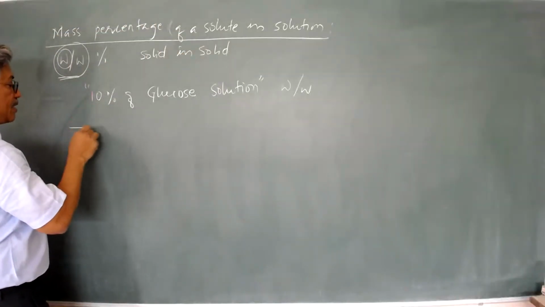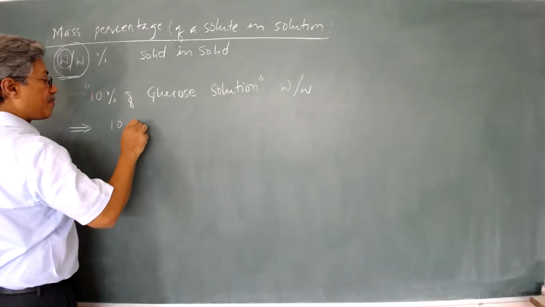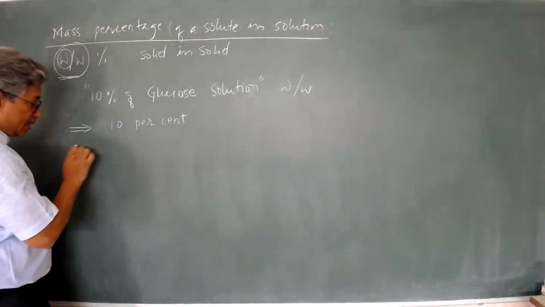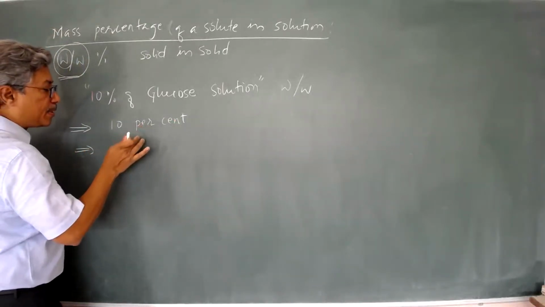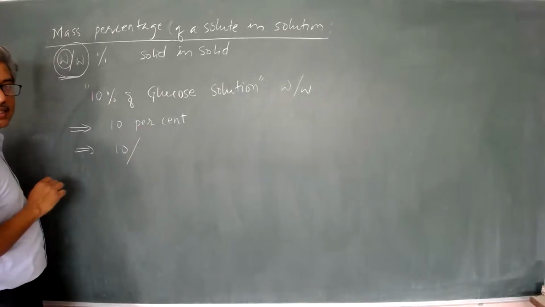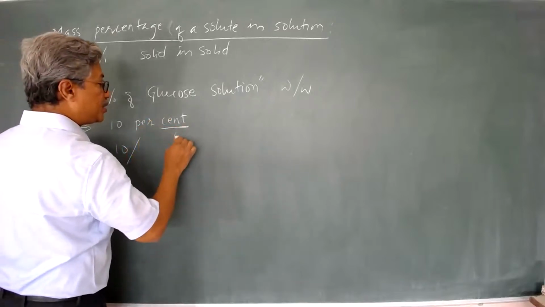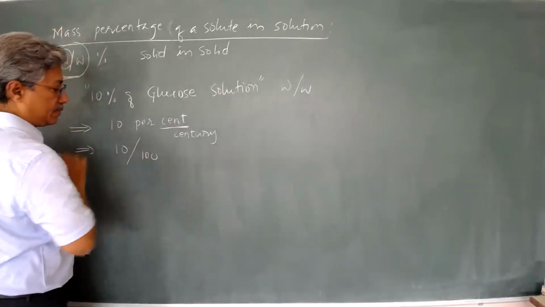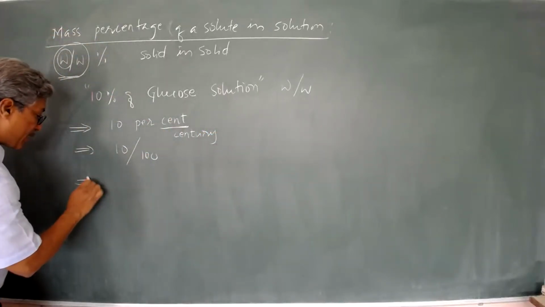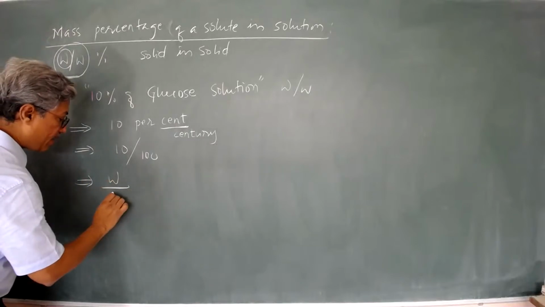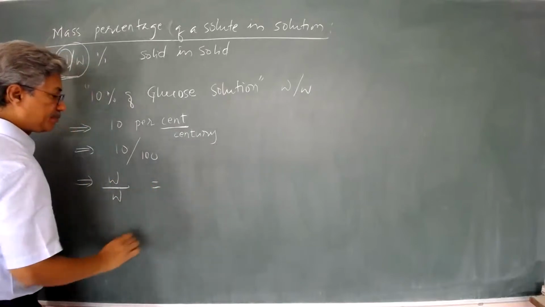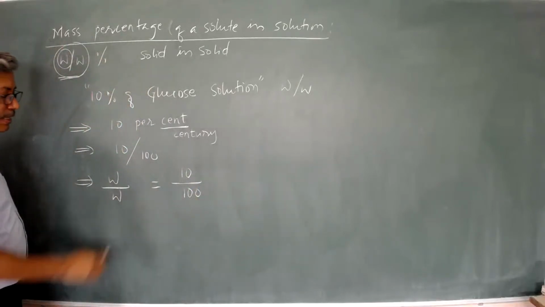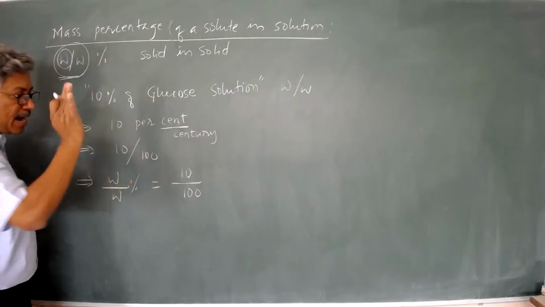This implies that 10%, this per is nothing but divided by. Cent stands for century, that means per 100. So weight by weight is 10 by 100.